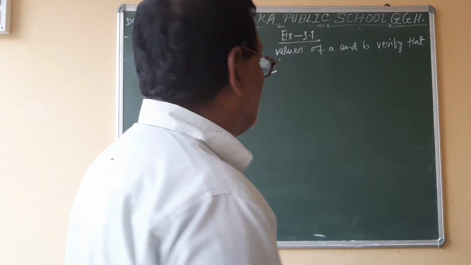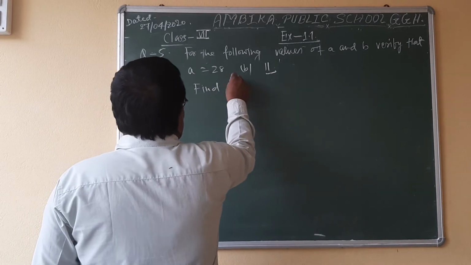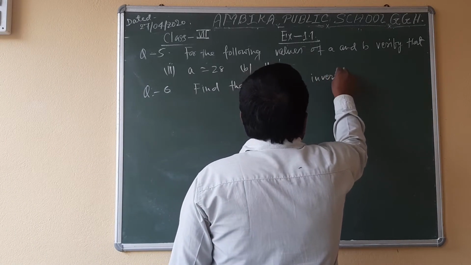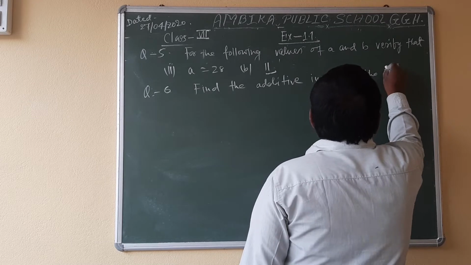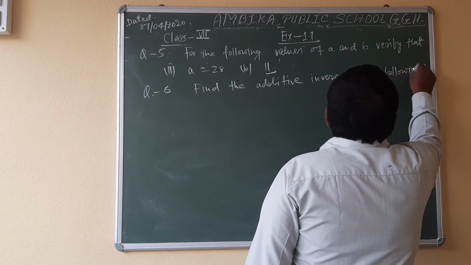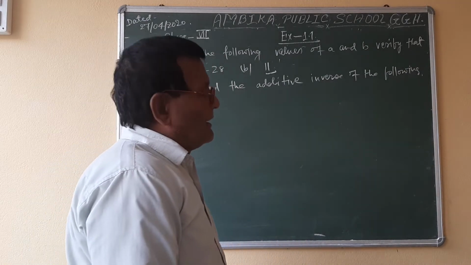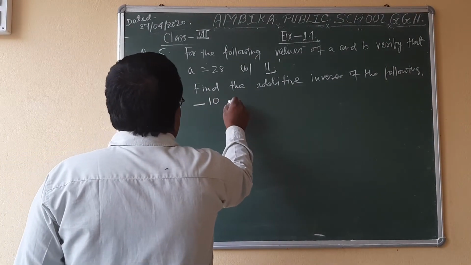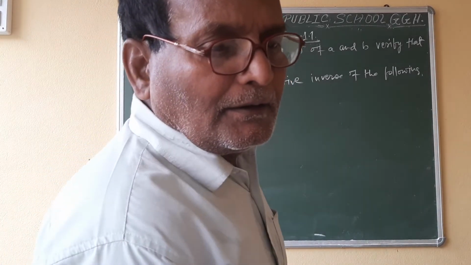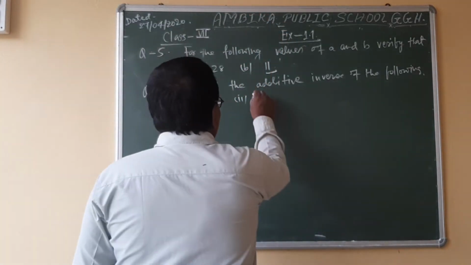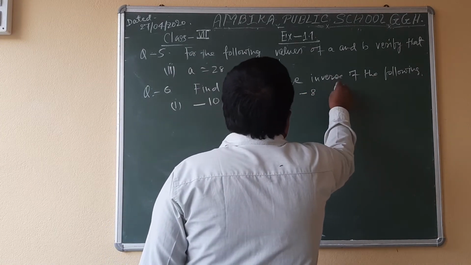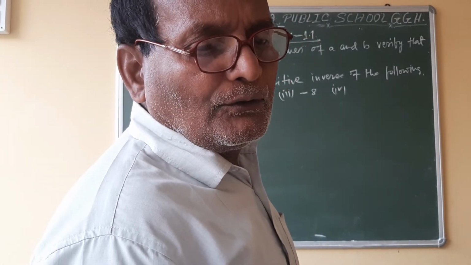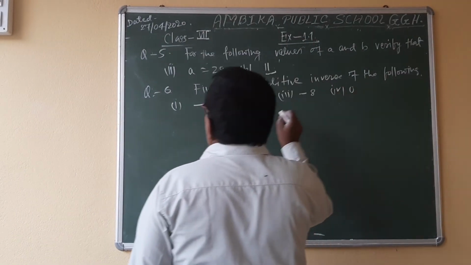Find the additive inverse of the following numbers. The numbers given are minus 10, 15, minus 8, and 0. Answer.